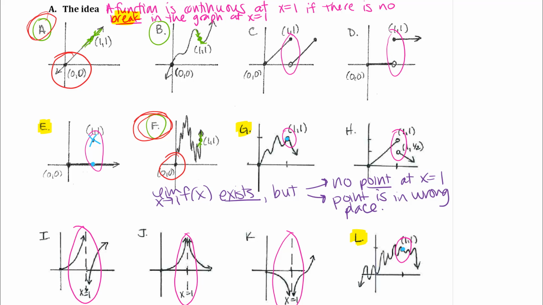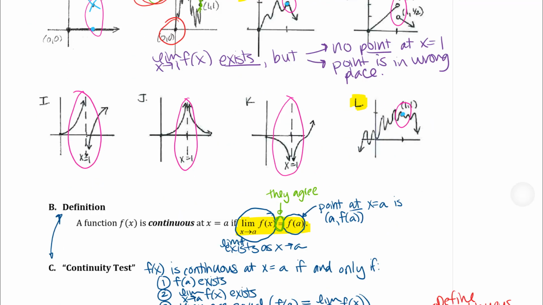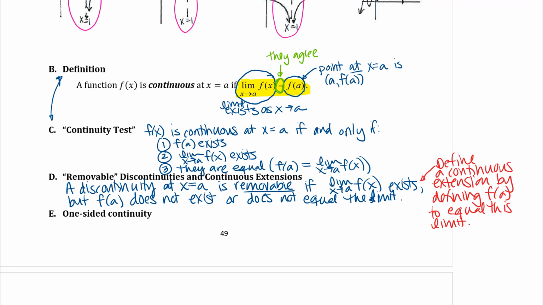And that's because the domain of the function only includes one side of x equals 0. So we can also talk about one-sided continuity, left continuity, or right continuity, but you can use just the appropriate one-sided limit to talk about or to define continuity if the domain only includes one side of a point.